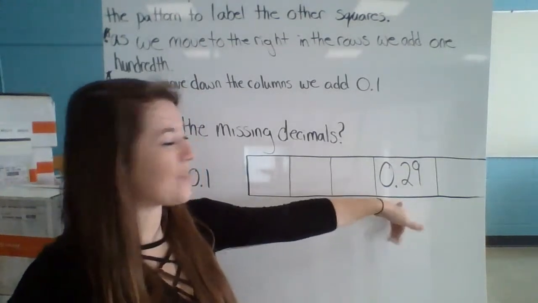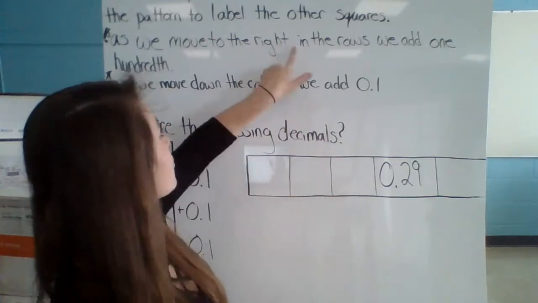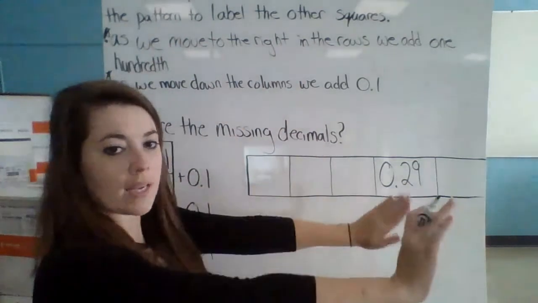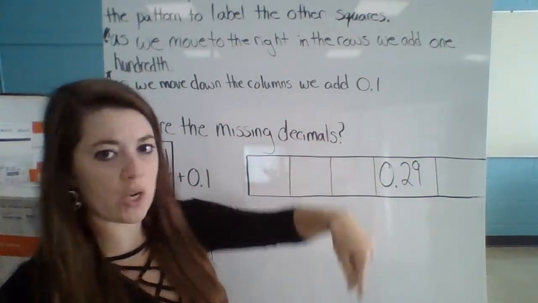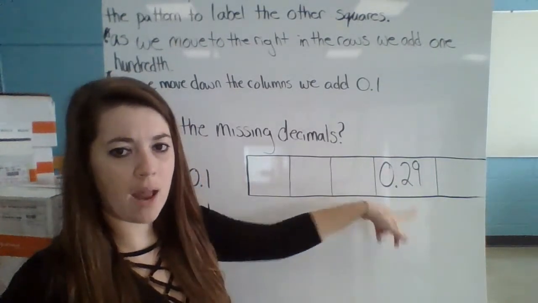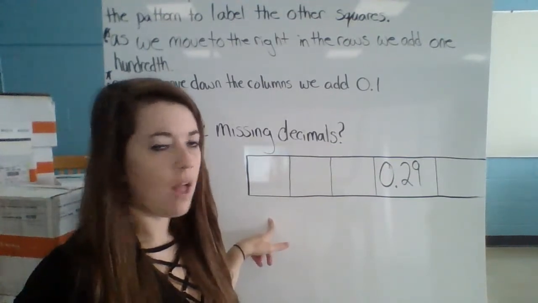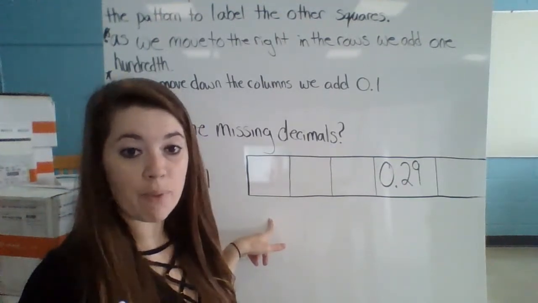Okay, so like I was saying, we have this number way over here. We don't have the numbers before it, but we know based on the rule that as we move to the right, we're going to increase by 1/100th. So what's going to happen if we start at the right and we work to the left? Are we still going to increase by 100th? No, we're going to decrease by 100th.